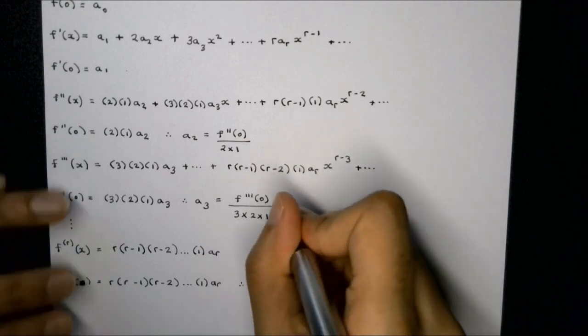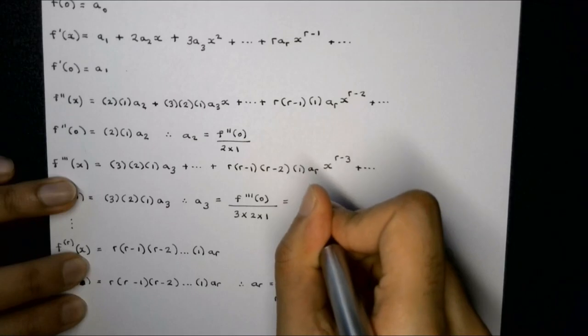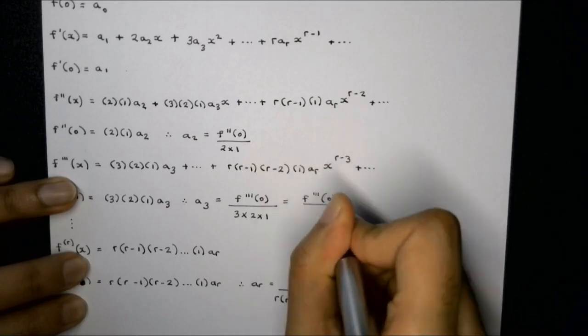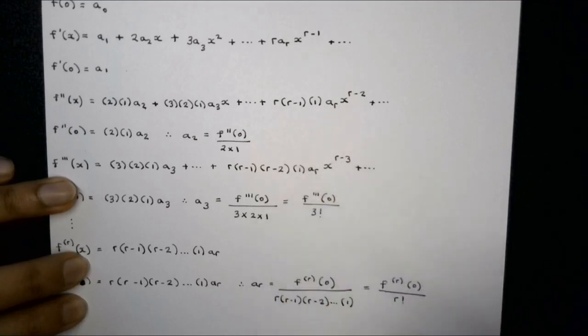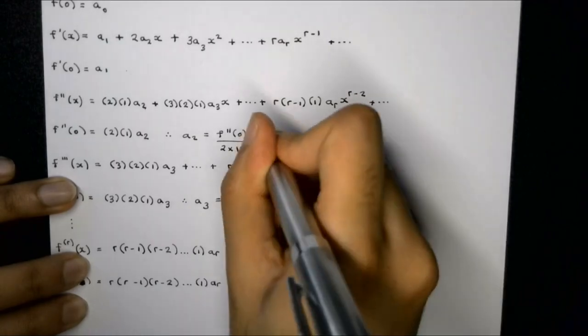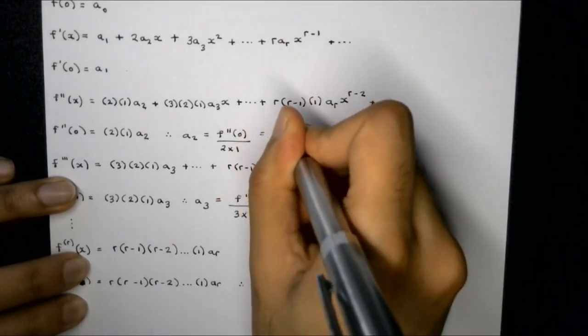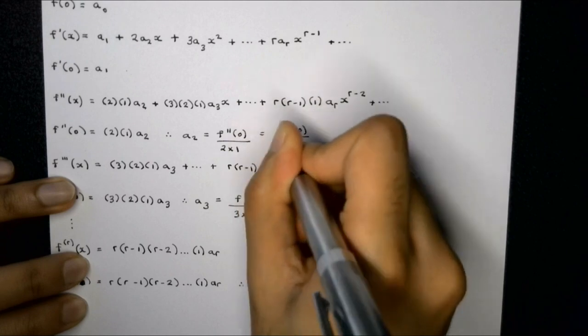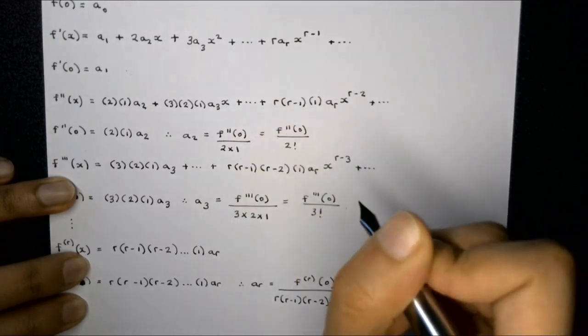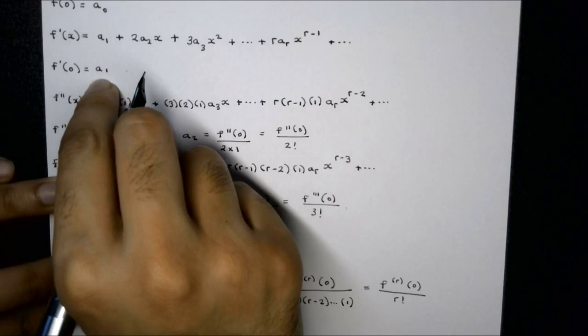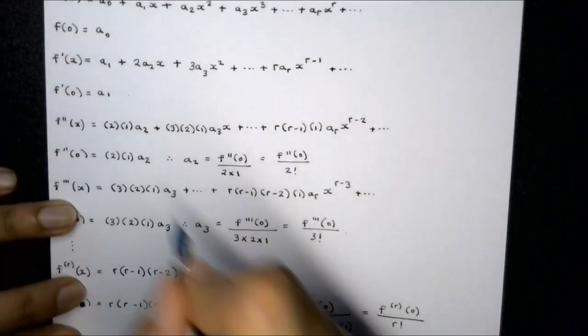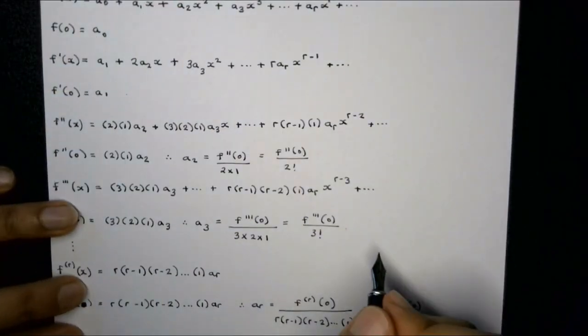You can see here we get the third derivative at 0 divided by 3 factorial. Here you can see we get the second derivative at 0 divided by 2 factorial. And of course here we're dividing by 1 factorial. Here we're dividing by 0 factorial.